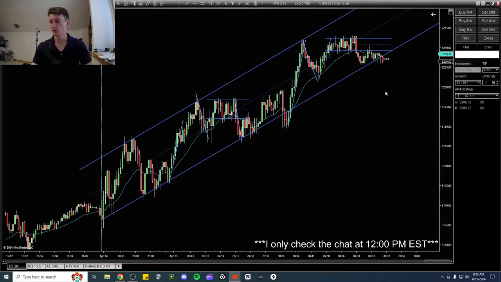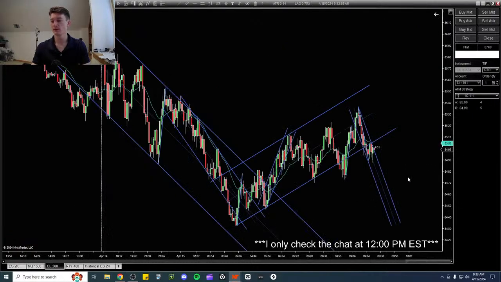The ES is moving really sideways, probably as it's kind of working through the support of this trend line. And the CL looks like this downtrend will probably be incorrect, as I sort of expected there, but figured I'd draw it just in case. Still could be correct. We still don't have a close outside yet.